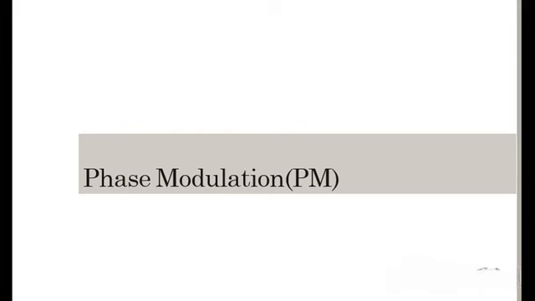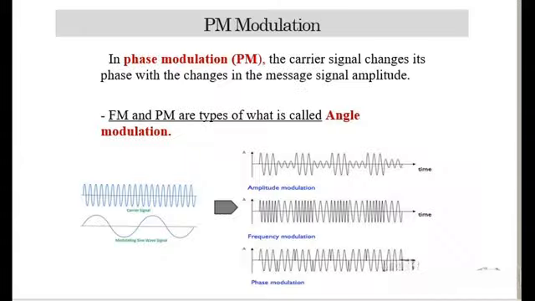In phase modulation, the amplitude and frequency of the carrier signal are kept constant, converting the information by changing the carrier signal phase with the changes in the message signal amplitude, linearly with the instantaneous value of the message signal.